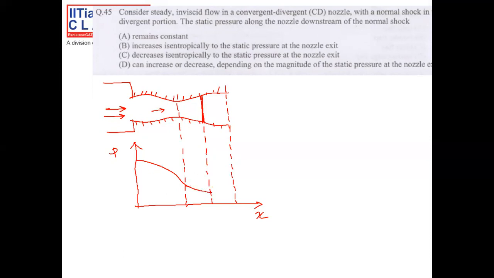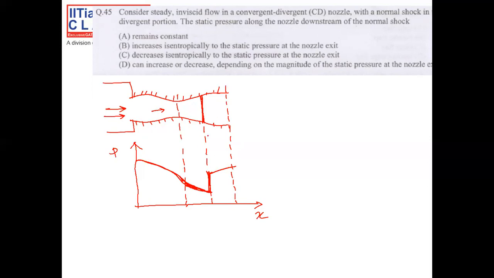It will continuously decrease till the flow encounters this normal shock. Then it will suddenly experience a pressure jump, and then it will gradually increase till the exit of the nozzle.